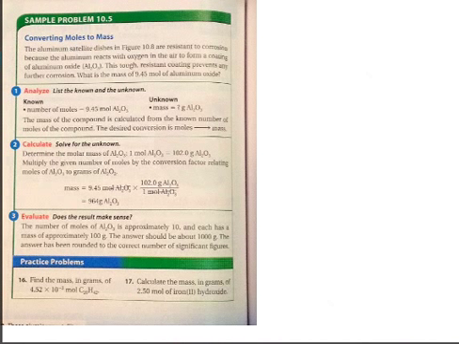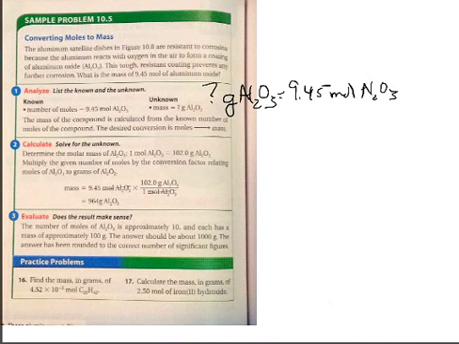So, once again, set it up the way we've set up everything else. You want to know how many grams of Al2O3 given that you have 9.45 moles of Al2O3. At that point, you need to look up, well, what is it for aluminum? If you look aluminum up on the periodic table, you'll find that it's like 27 grams.